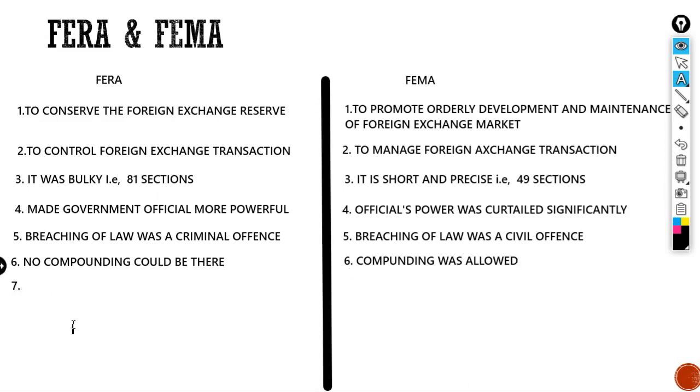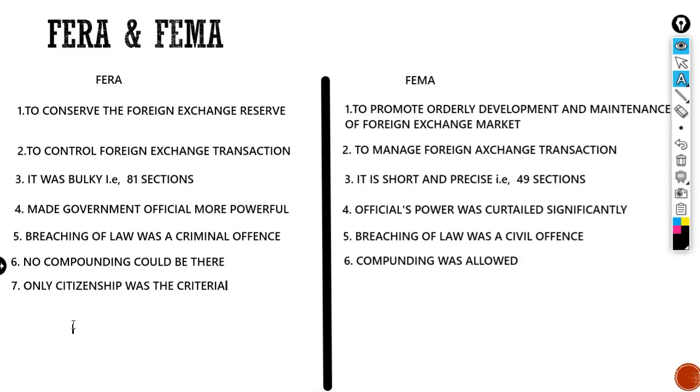The next difference was that when FERA and FEMA came, the term which was basically considered was your residential status. Who will be charged under FERA and FEMA? So how will your residential status be decided? Under FERA, only citizenship was the criterion.